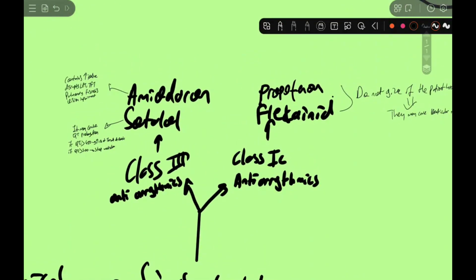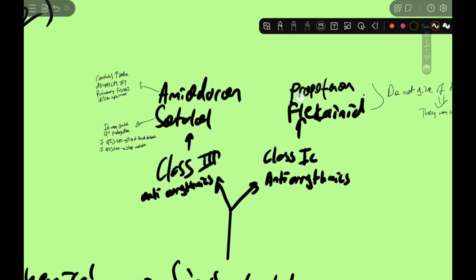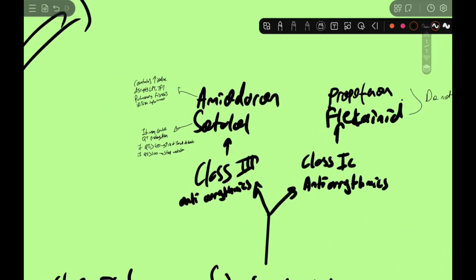And as a side effect, amiodarone contains iodine, and high levels of iodine disrupt liver function tests and thyroid function tests. So to see if the patient is using amiodarone correctly, you should see T3, T4, TSH, okay?